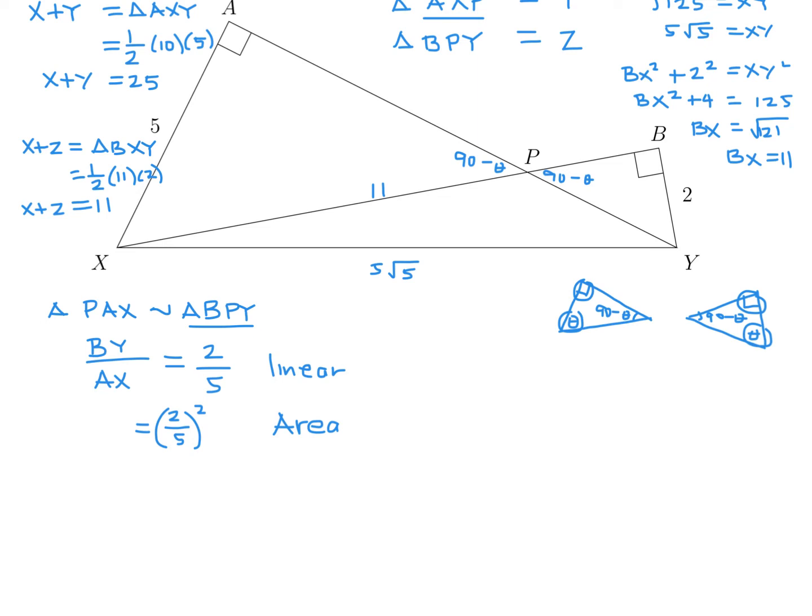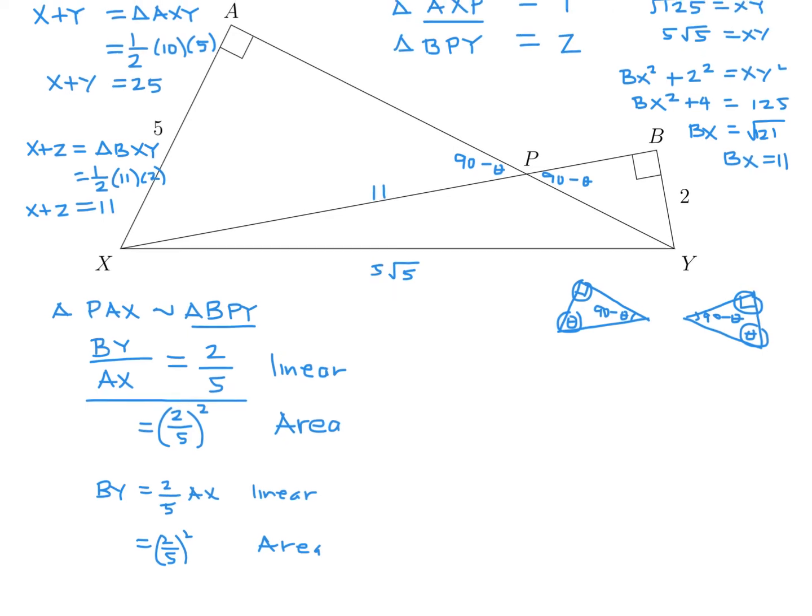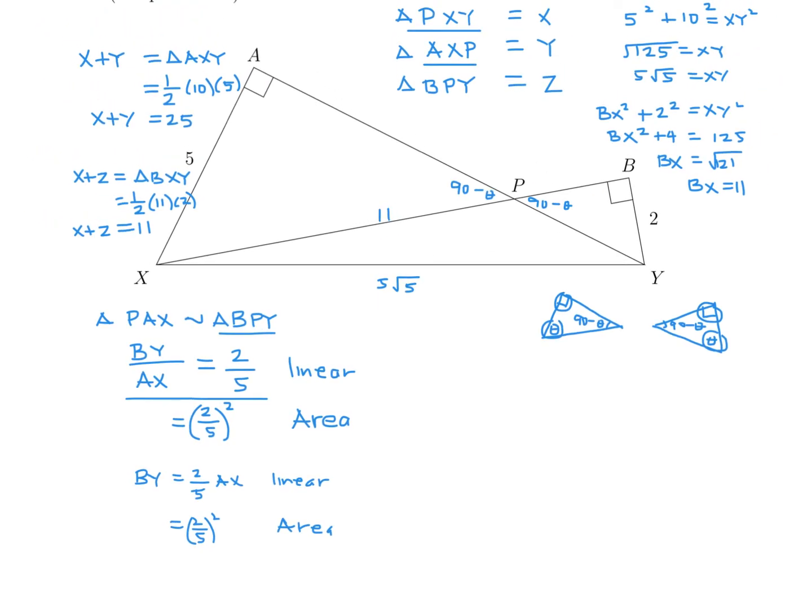So from here, that equation, we get that BY was 2/5 AX, right? That's our linear relationship. But our area relationship would be 2/5 squared, and the areas of the two triangles. So BY represents the triangle BPY. So BPY we had called Z, right?